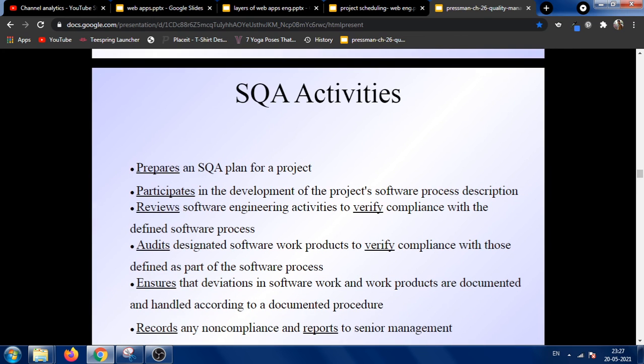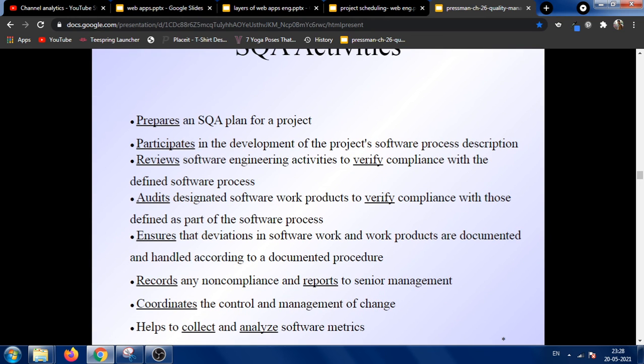The quality activities in SQA are: it prepares an SQA plan, it participates in the development of the project's software process description, and it reviews software engineering activities to verify compliance with the defined software process. It audits, checks, and verifies compliance with what is defined as part of the software process, and ensures deviations are handled. So it prepares a plan, and then involves the participation of customer reviews, software engineering reviews, and audits, by which we can achieve the product on the proper schedule, ensuring the standards, how records are maintained, and how coordination is maintained in the control and management of change, because after the product is developed the customer may need some change, that is change management or control management.